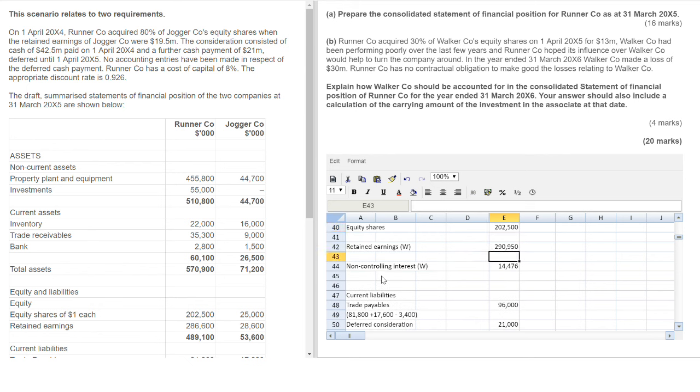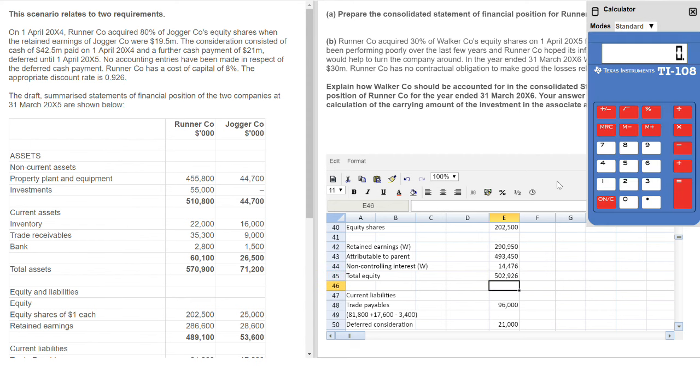Again, if you wanted to within the exam, you could look at what is attributable to the parent, and then your total equity is the combination of the 493 and the 14,000. Is that 507,926? No, 502,926. Again, let's just double check.